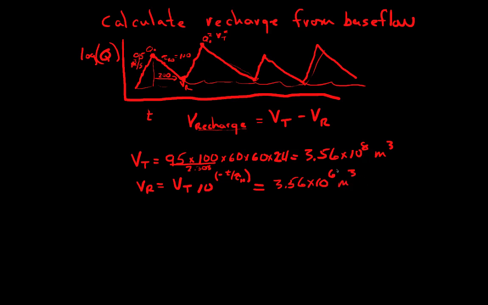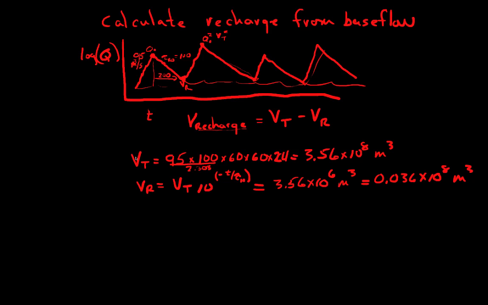Well, let's put this in the same exponent as up there. So that's going to be 0.036 times 10 to the 8th meters cubed. Okay, so we started with 356 million cubic meters, and we ended up with 1% of that at the end of the season.